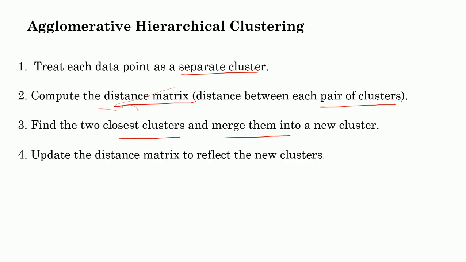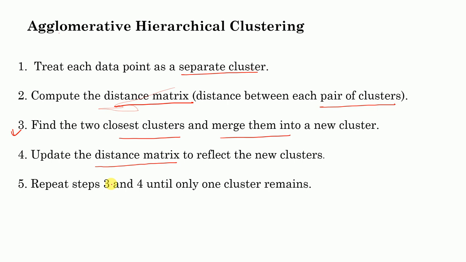Then what we have to do is update this distance matrix, for the new set of clusters. After this step, we will have a new set of clusters. So then we have to calculate the distances for this new set of clusters, and update the distance matrix.